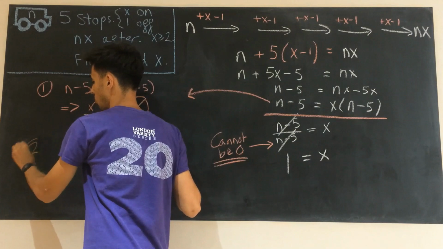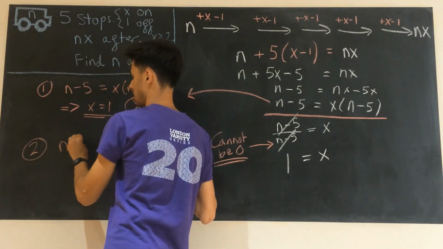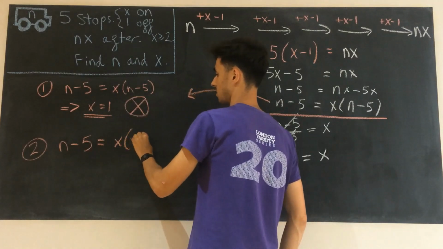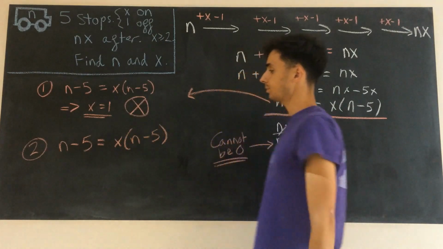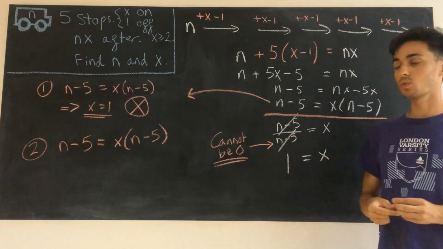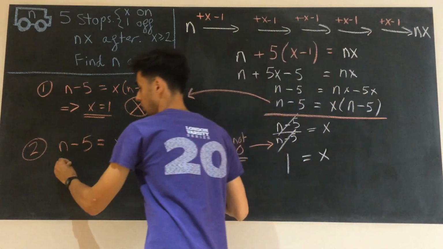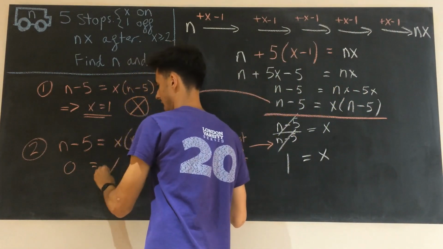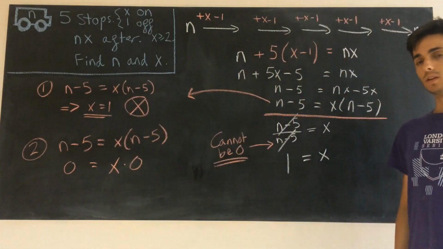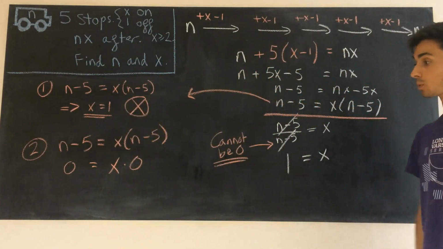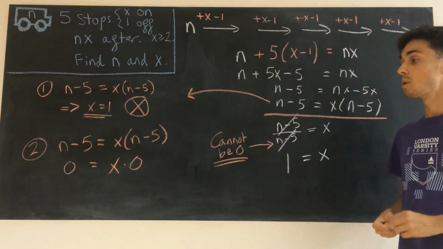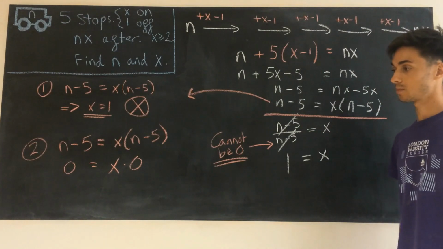Looking at our second option, if we've got n take away 5 equals x multiplied by n take away 5, well, in the case that this was 0, we could have 0 equals x multiplied by 0. This is obviously true. And it's true not just for one value of x, but for all values of x.